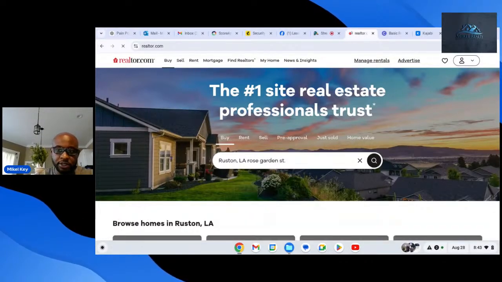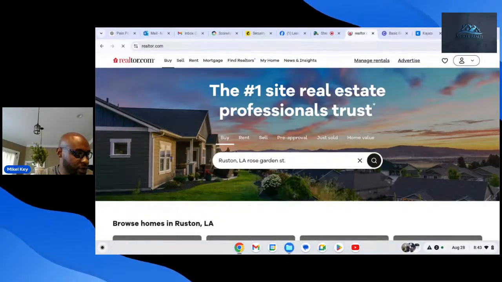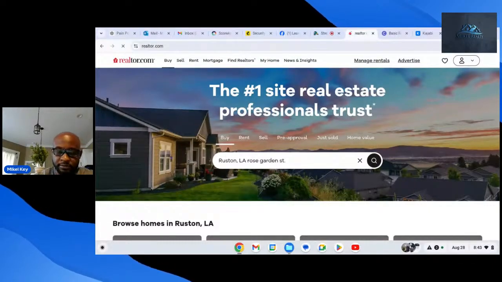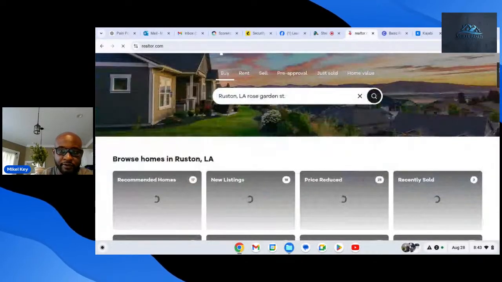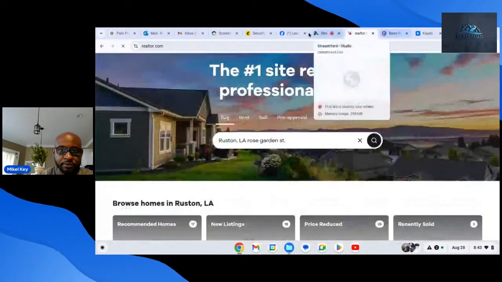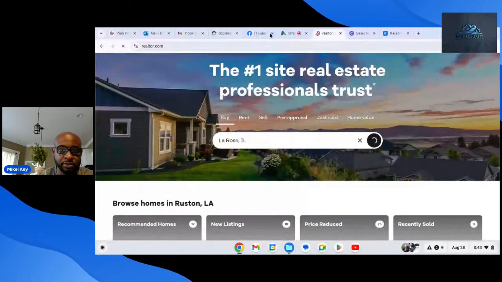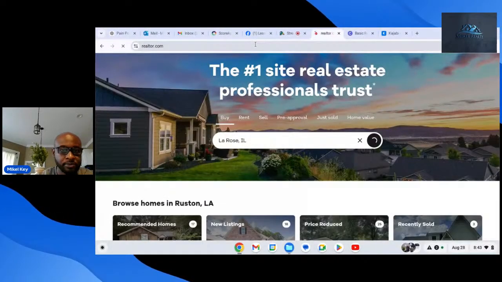That's the street that I live on. What I want to do is look for some properties that have recently sold. We're going to make this extremely simple.